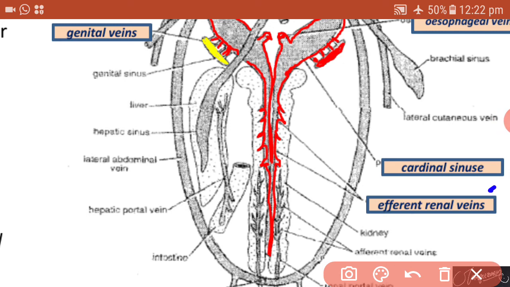These efferent renal veins, also branches and capillaries of the renal veins, collect blood from the kidney portion and then continue towards the anterior side by the cardinal sinus. This cardinal sinus is the larger sinus.